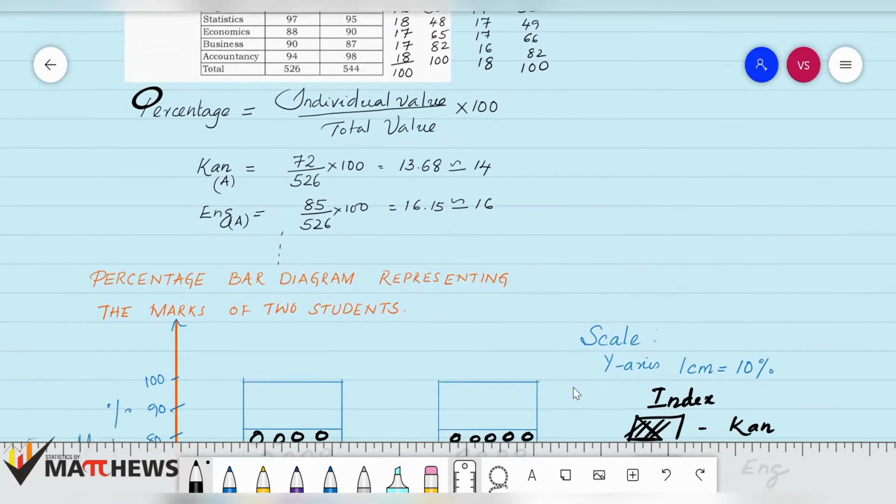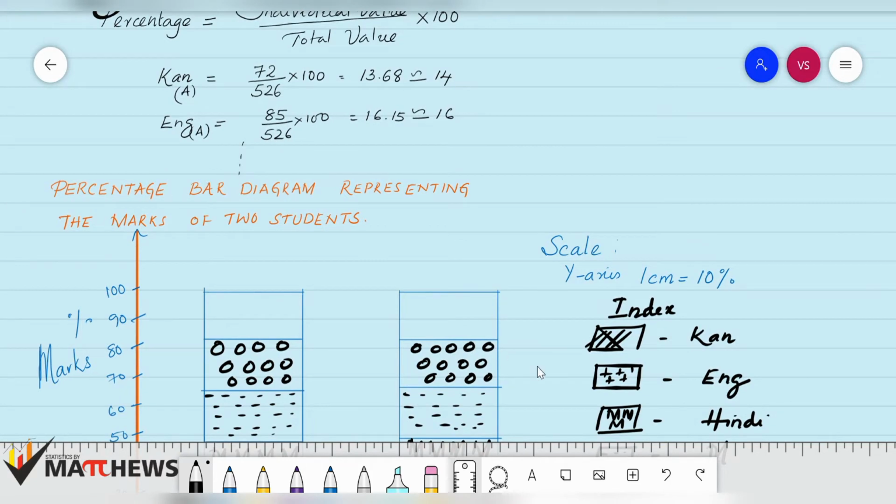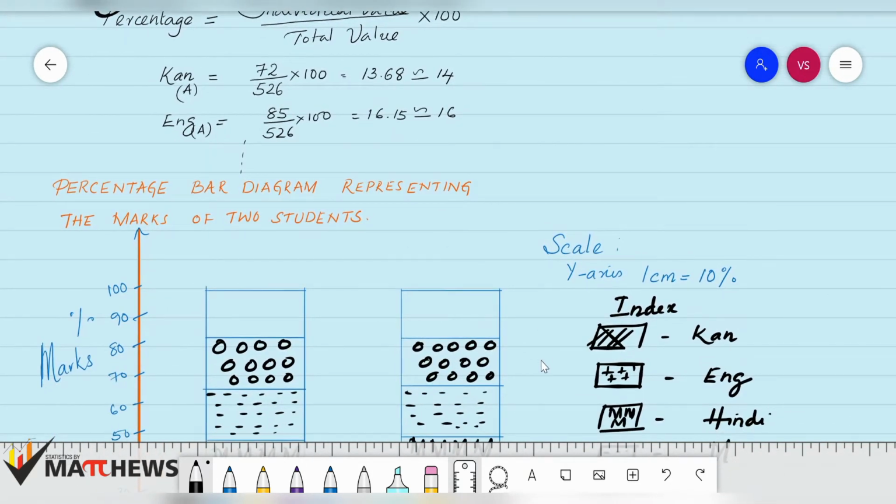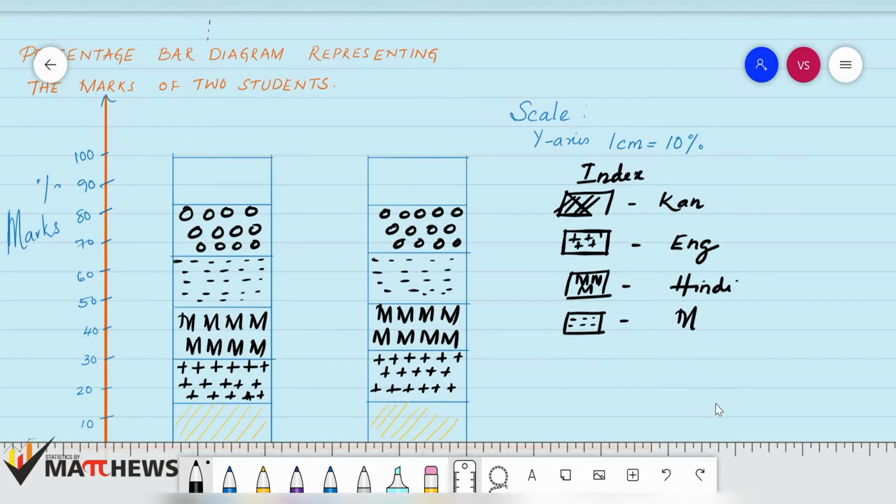Kannada, English, statistics, economics. This is not Hindi. This is statistics.